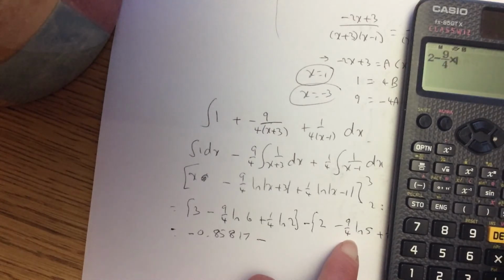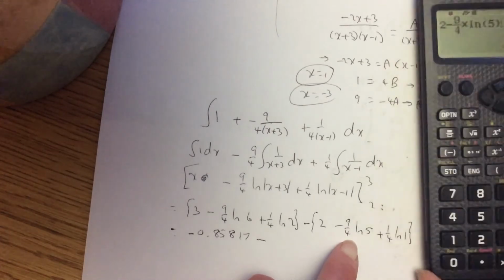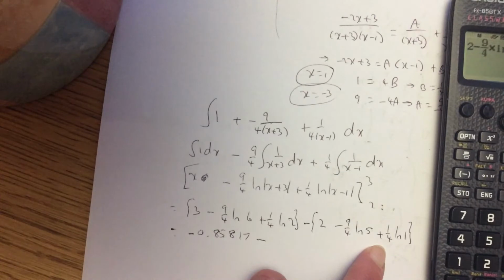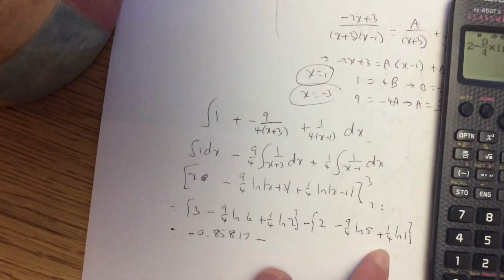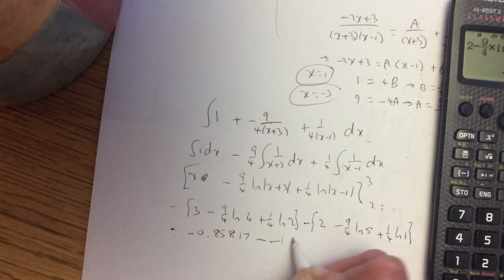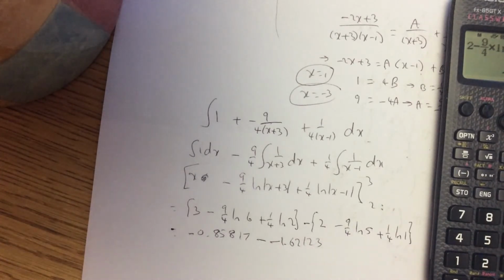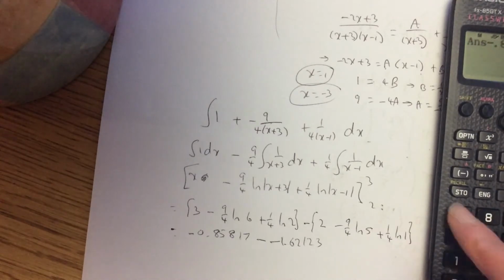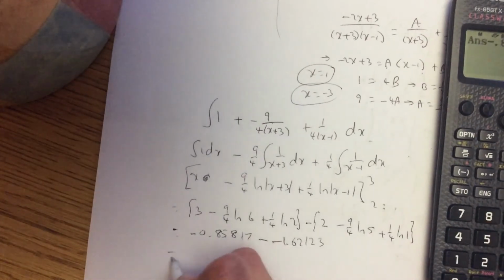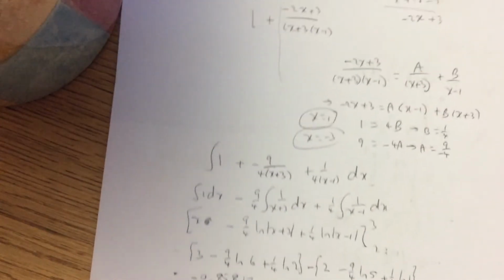So it's times log 5. Just take your time when you're doing this because it's very, very easy to make a mistake. And log 1 is 0. So it's minus 1.6213. And working that out, I should get an answer of 0.763. Okay, so that was the first one.